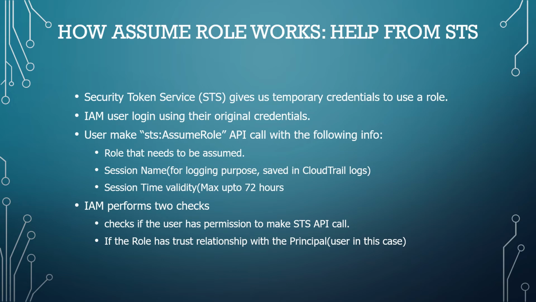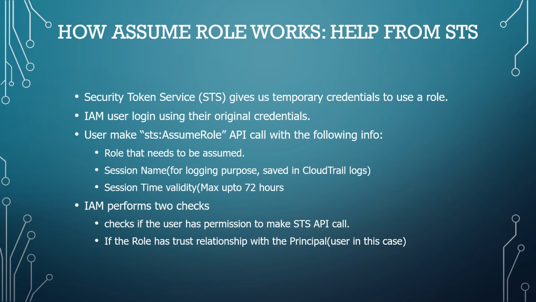Now, once that is done, IAM first of all checks two things. First, whether this particular user has the permission to assume a role, or to make this API call, that is STS AssumeRole. That has to be in the IAM permissions, or there has to be a policy attached to this IAM user that grants him access to call this API in the first place.